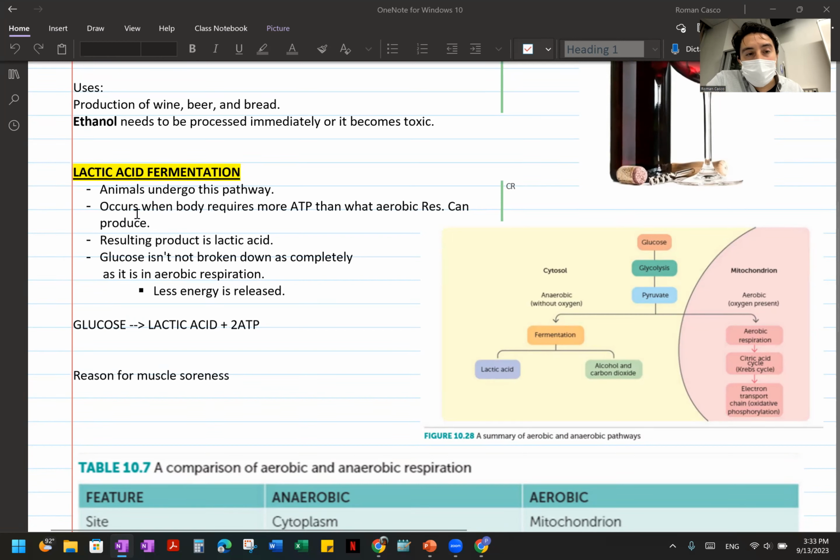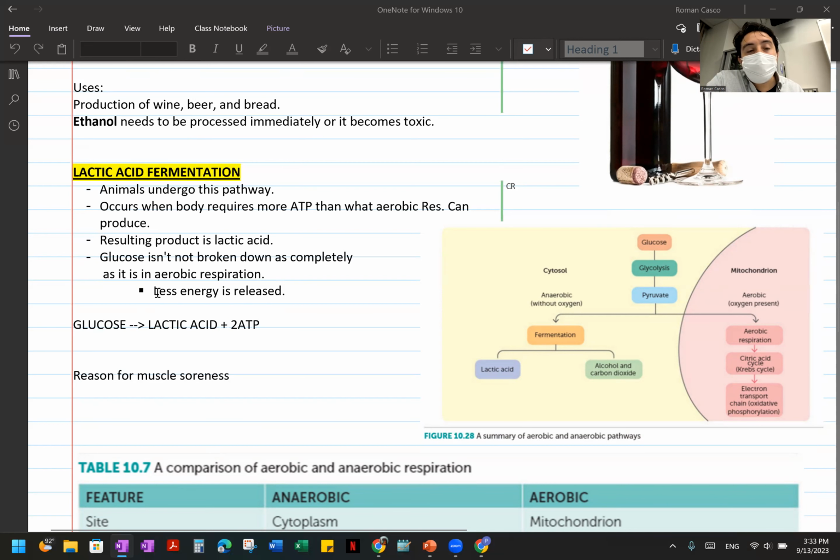This is what I'm referring to in this second sentence here. It occurs when the body requires more ATP than what aerobic respiration can produce and what oxygen can be relayed to every single cell. This process basically results in a compound called lactic acid.